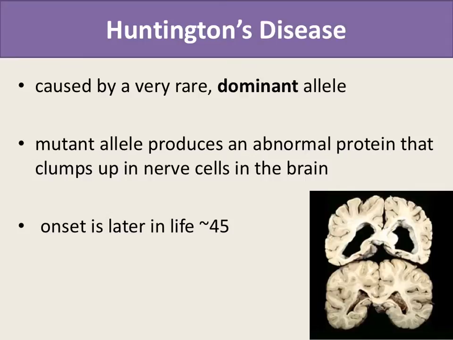However, it doesn't really show up until the person is like 45 years old. So if it showed up, let's say, when the person was 10 years old, it would be wiped out. Selection would wipe it out, right? Because before the person bred, they would be dead.